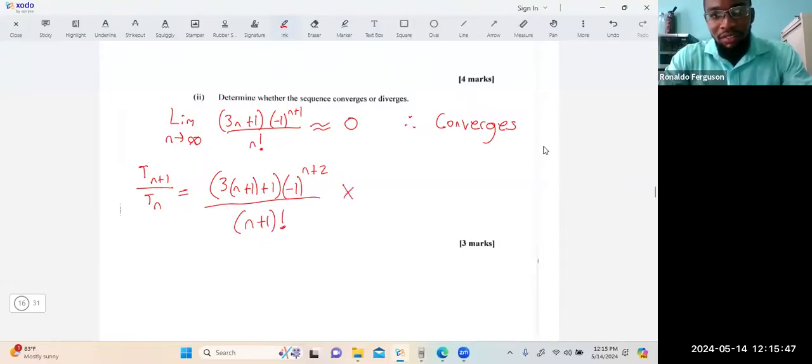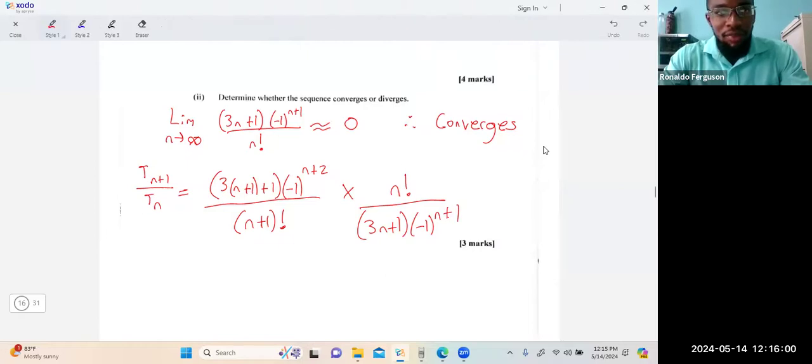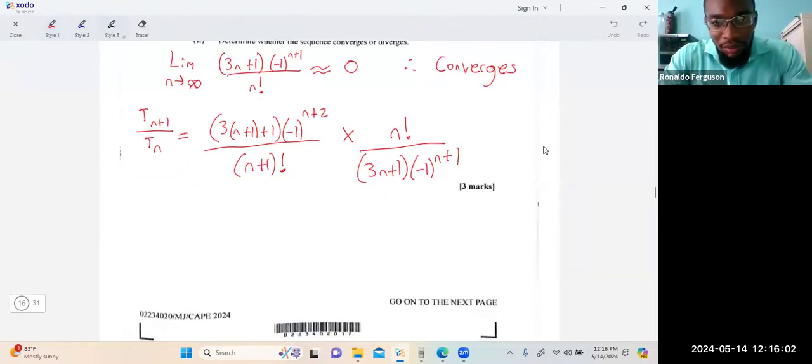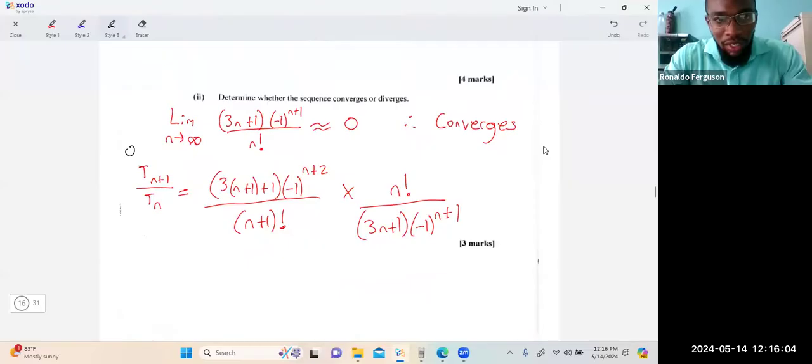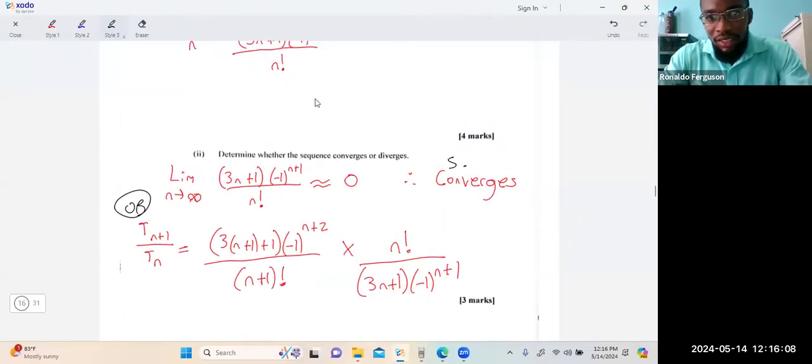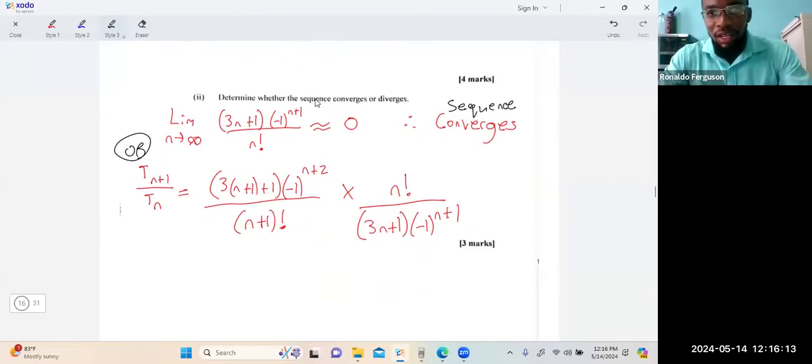Dividing by something is the same as multiplying by the reciprocal. We already stated that the sequence converges, but this is another way to do it, another convergence test.